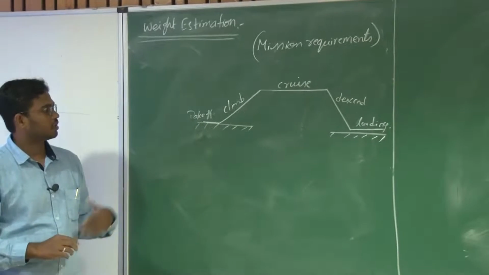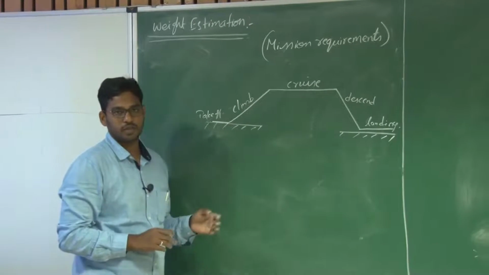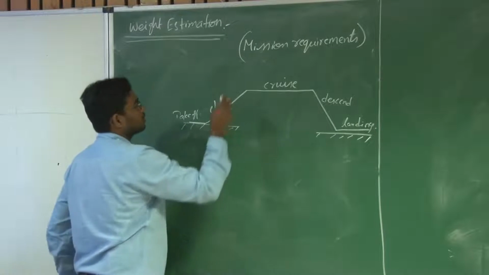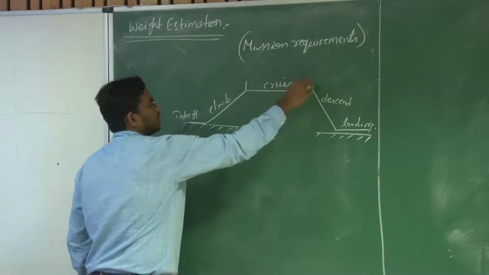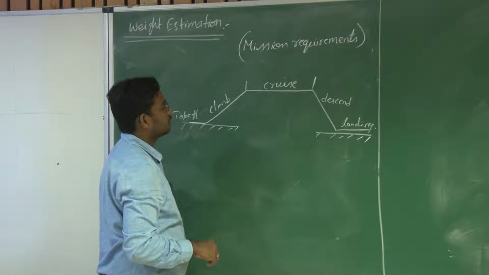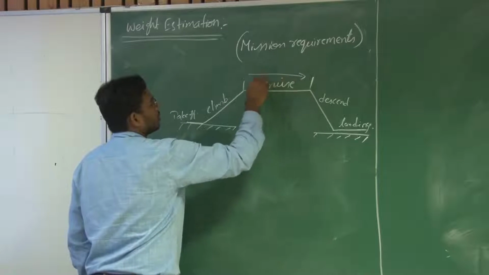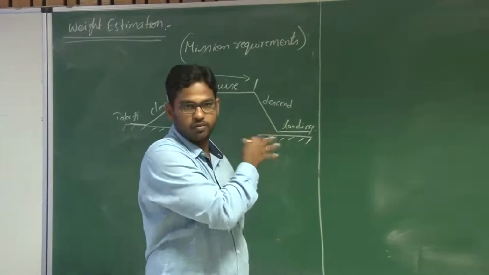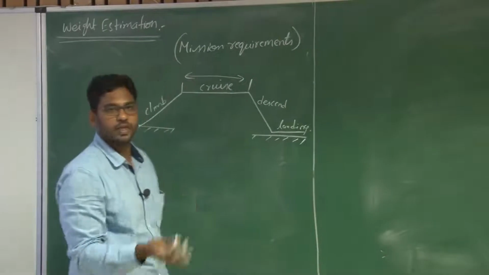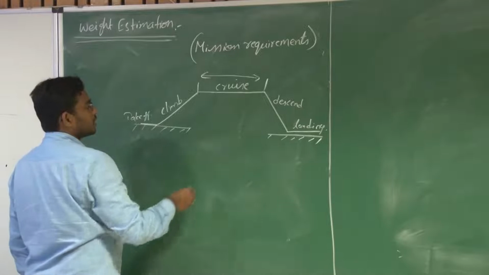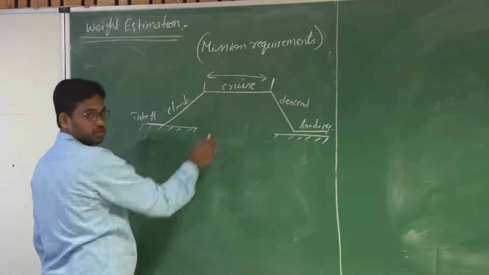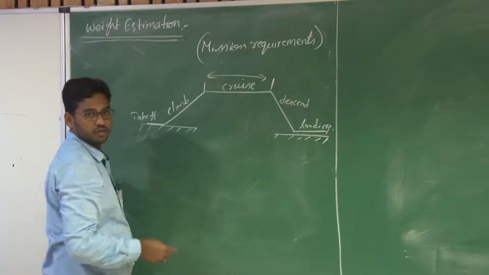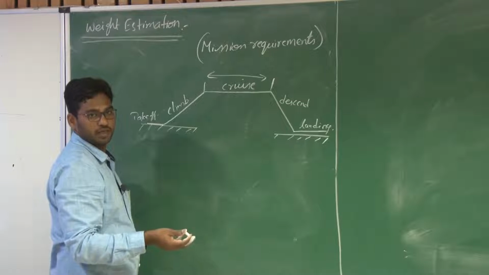This is one such mission profile that this UAV has to perform. And although you have two UAVs which are performing a similar type of mission profile, the weight can vary. This entirely depends upon the cruise as well as the weight it has to carry.